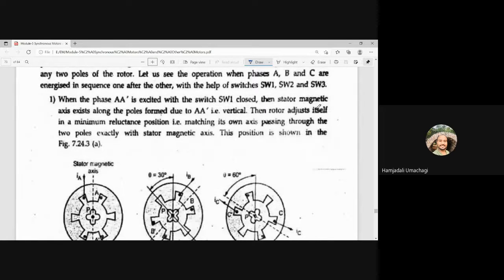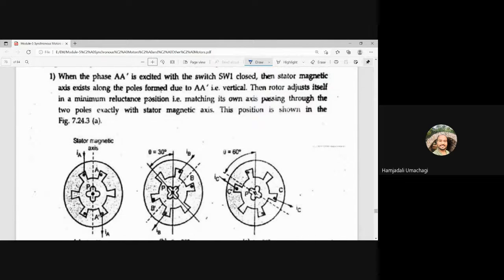This is how we can apply the switching sequence and observe the rotation of the stepper motor. First, when phase A dash is excited with switch SW1 closed, the stator magnetic axis exists along the poles formed due to A dash, that is, vertical.